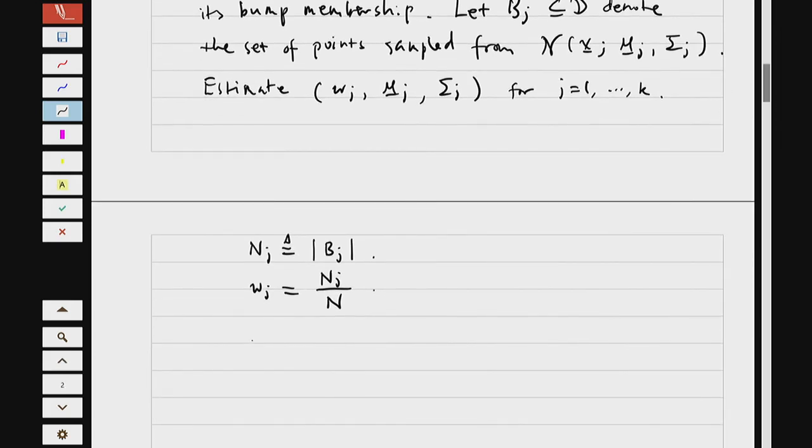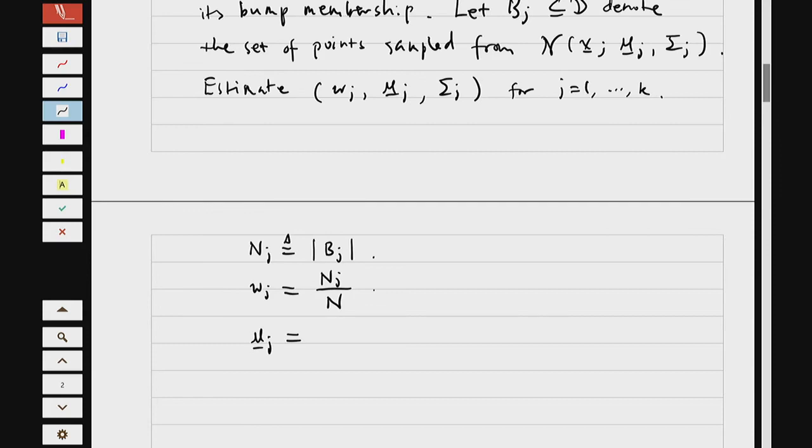And how about this mu j? Mu j is supposed to be the mean vector for our Gaussian distribution. How do we estimate a mean vector? This is the mean value of the Gaussian bump. Just take the average.